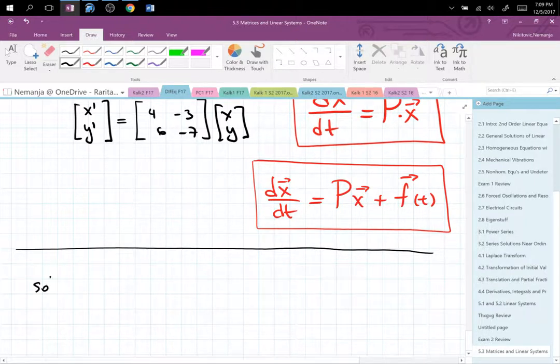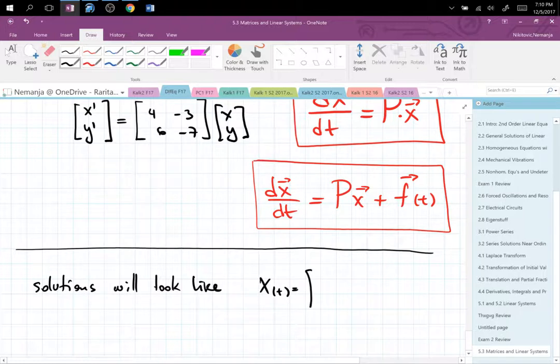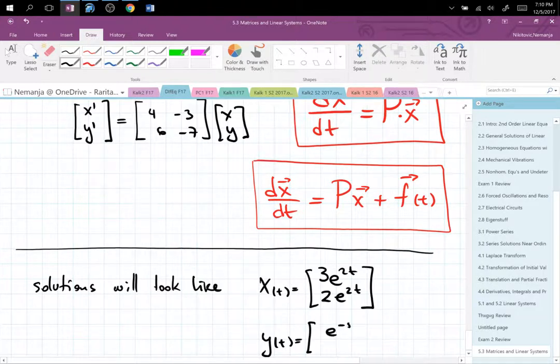So solutions will look like x of t is equal to 3e to the 2t and 2e to the 2t, and y of t is equal to e to the negative 5t and 3e to the negative 5t.